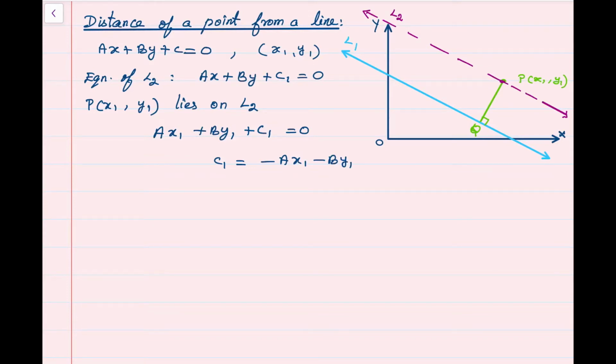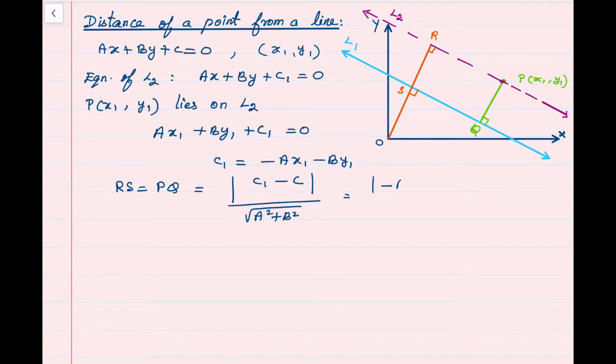Now, we will find the distance between these two parallel lines. Draw a perpendicular from the origin to these two lines. So, the distance RS will be equal to the distance PQ. The distance between two parallel lines, RS and PQ, are the same, which is equal to, the formula is, the absolute value of C1 minus C divided by root of A square plus B square.